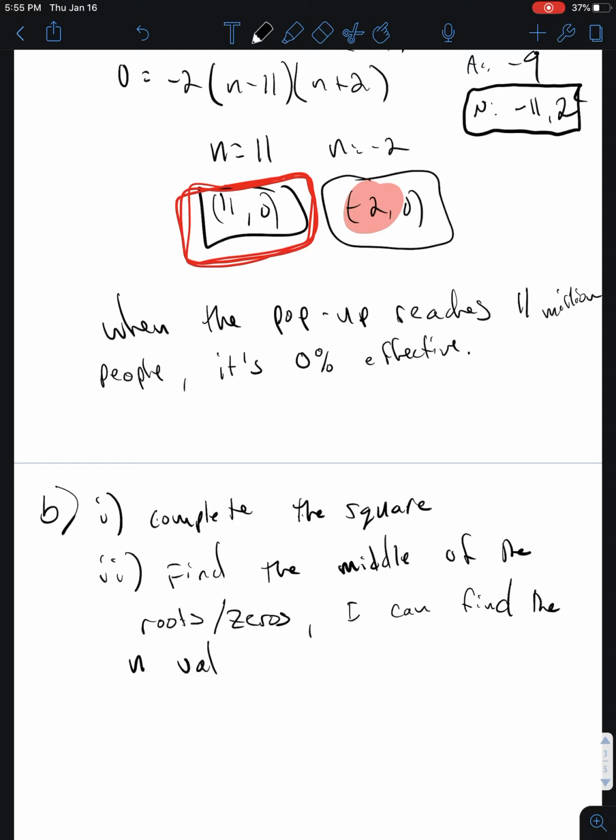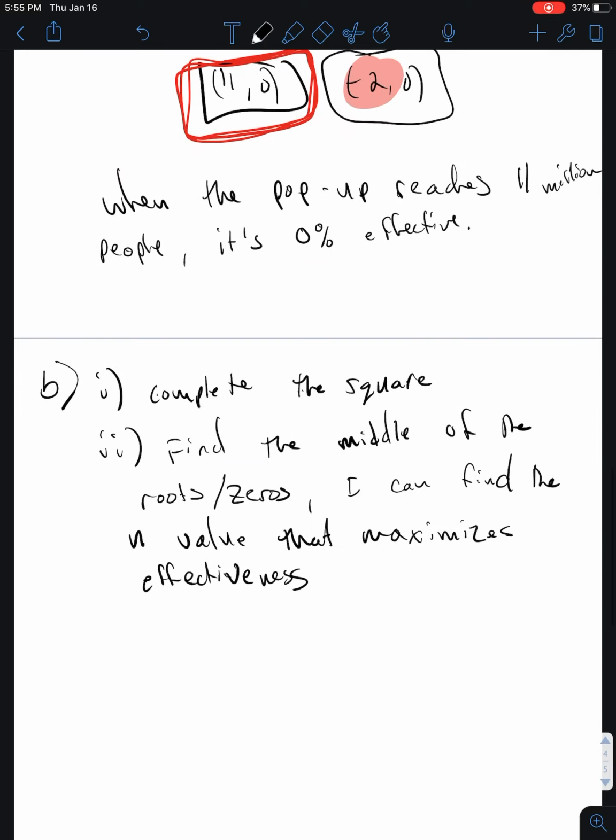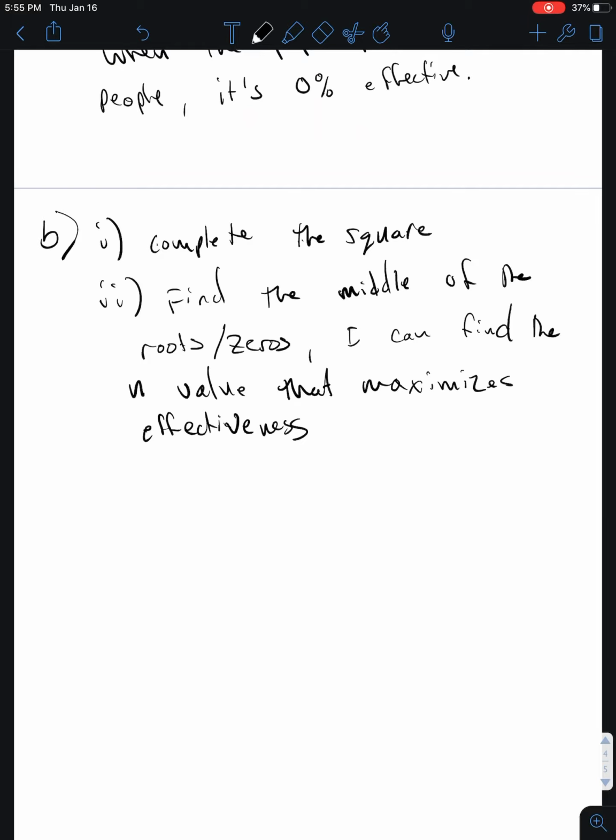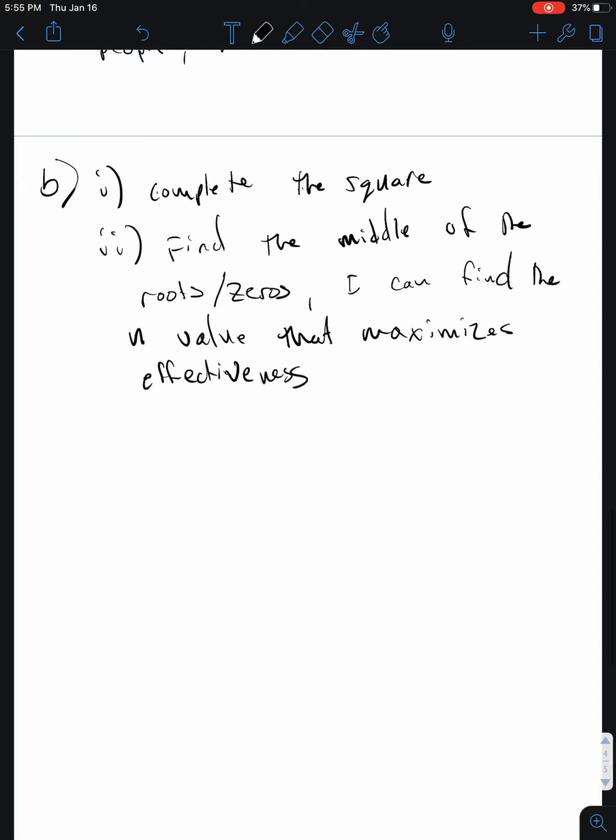The n value that maximizes effectiveness. Does that make sense? Okay, I'll let you get caught up a little bit, and then we'll see how to find the middle of the roots.